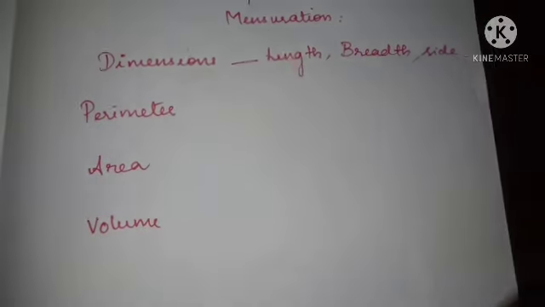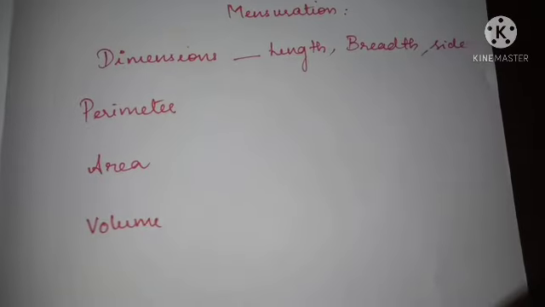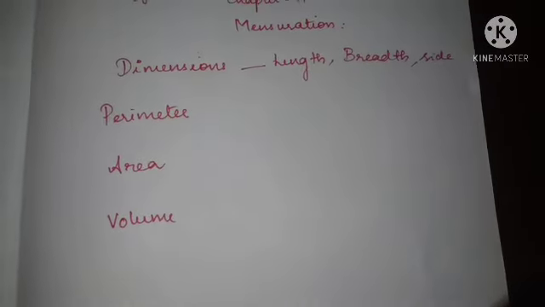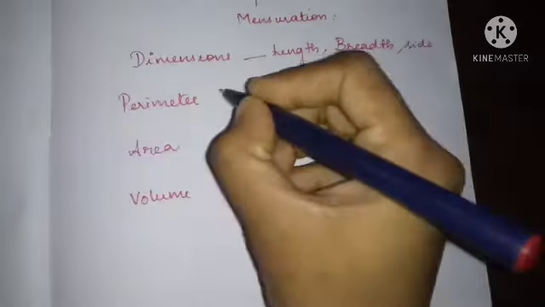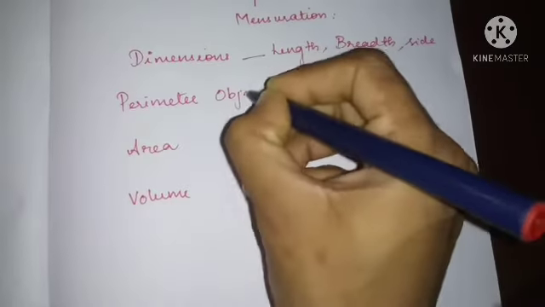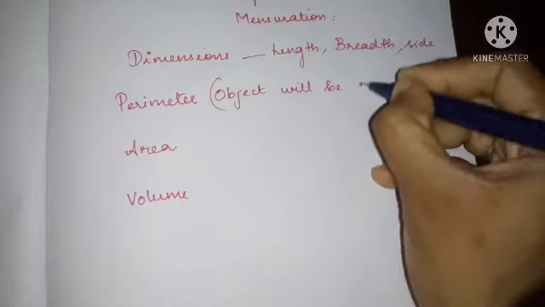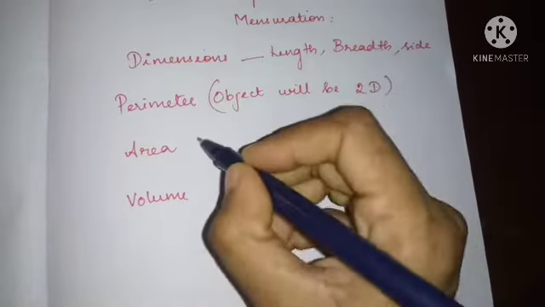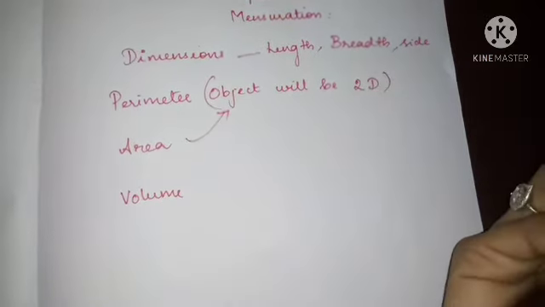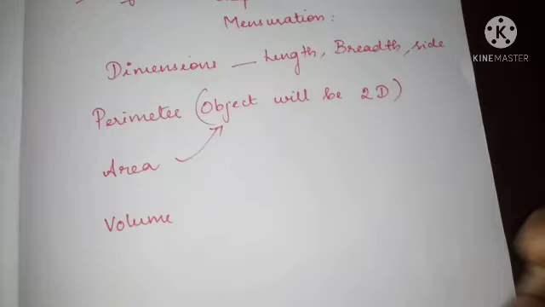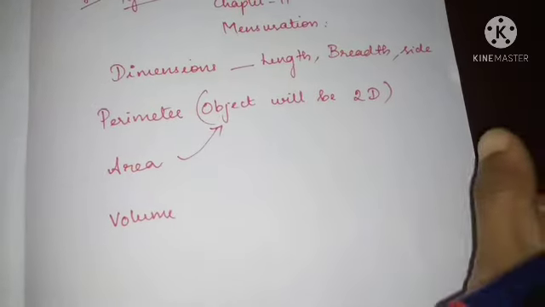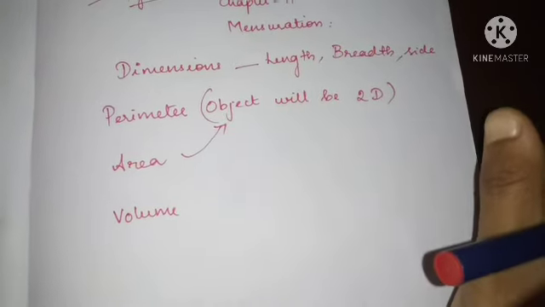When we are discussing the perimeter and area, we need only two dimensions. So the object will be two dimension. For finding area also we need that particular object should be in two dimension.